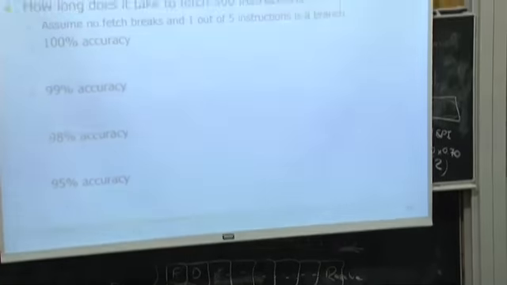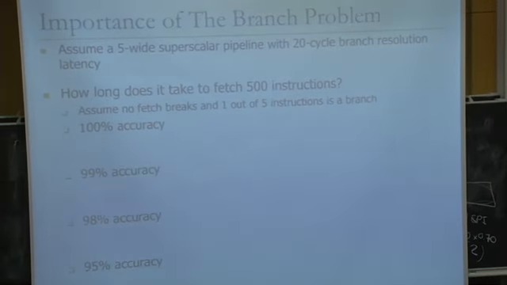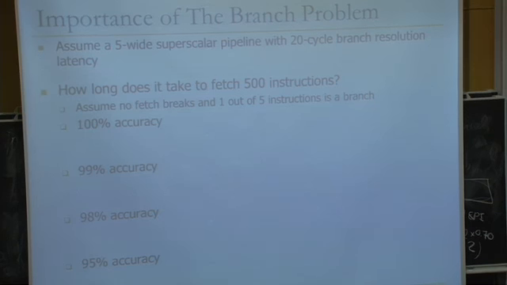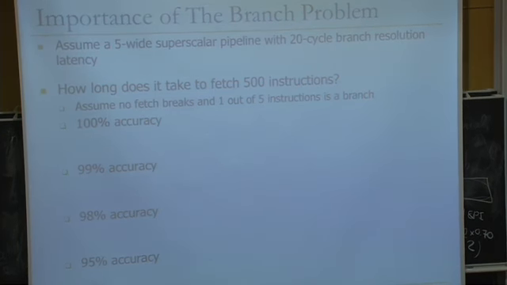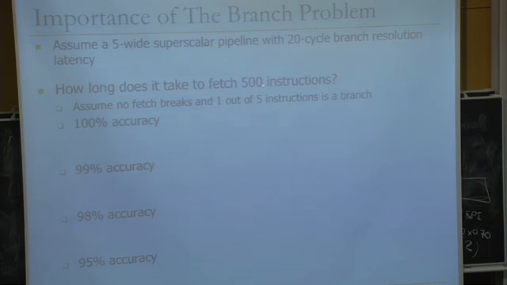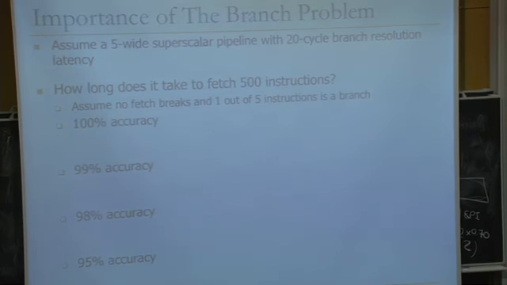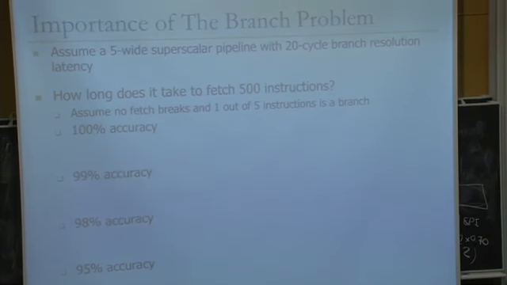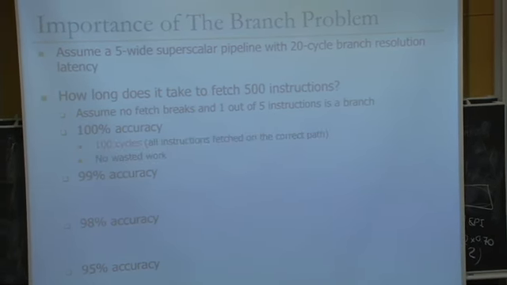And 1 out of 5 instructions is a branch, and they're nicely uniformly distributed, if you will. If you have 100% accuracy, what is the answer? Well, we have 500 instructions to fetch, and we're fetching 5 instructions per cycle. And we're always accurate. 100 cycles, exactly. All instructions are fetched on the correct path, and no wasted work.